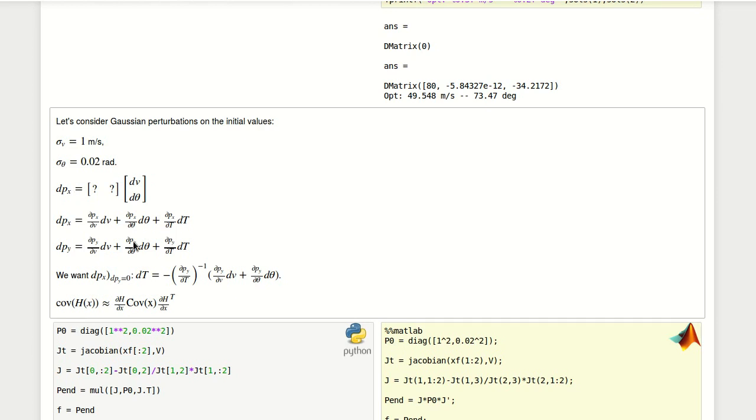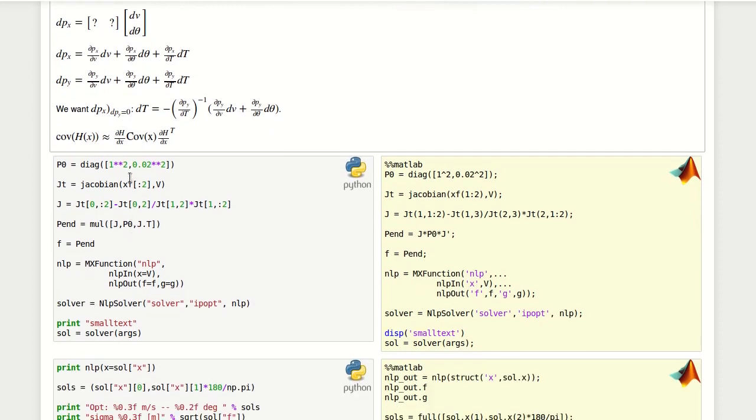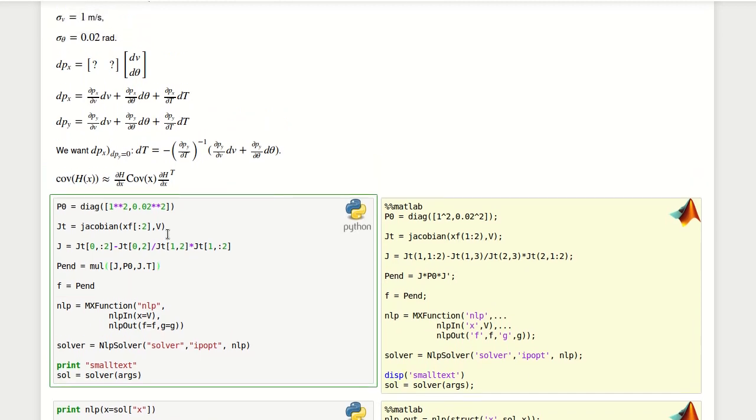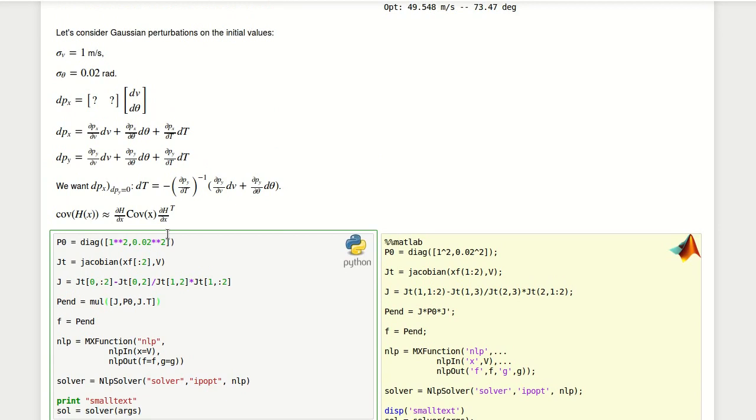So let's say that we're not so sure about velocity. We can be 1 meter per second off, and we're not so certain about the angle either. We create a total Jacobian and do the calculus we had on paper, and in the end we get this propagation rule for covariance, and we minimize this uncertainty.